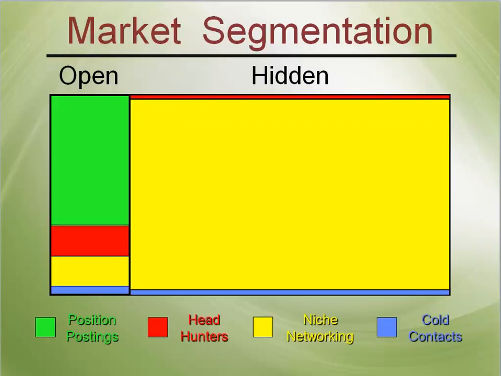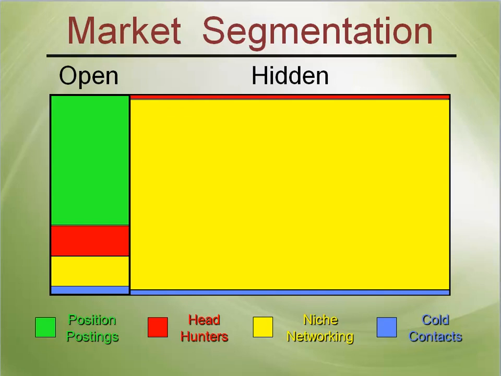Well, the next concept that we'd like to talk about is market segmentation, looking at the differences between the open versus the hidden market segments. Any good marketing plan involves market segmentation. You divide to conquer. You apply different techniques to different market segments.